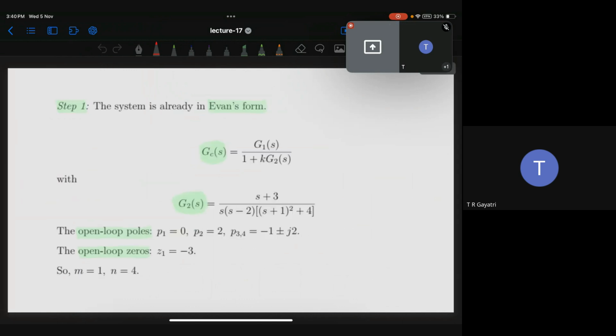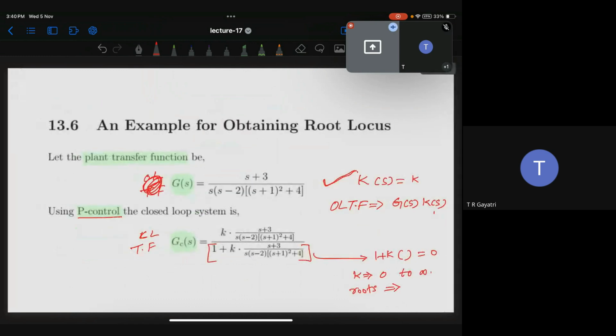First, step 1: we write it in Evans form, g1 of s by 1 plus k g2 of s. First you see what g2 of s is. This is nothing but g of s and k of s, which is the open loop transfer function. Clear? Yes, sir.